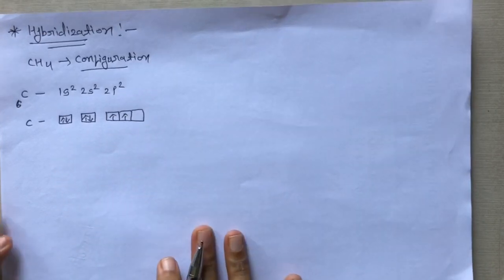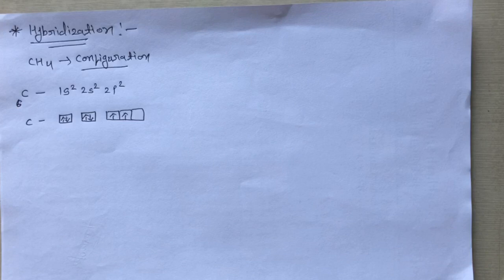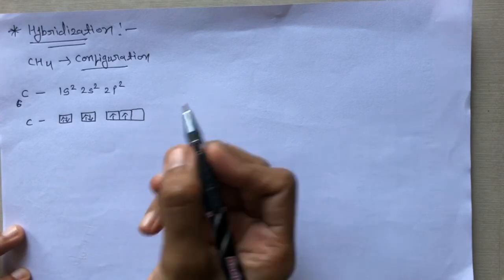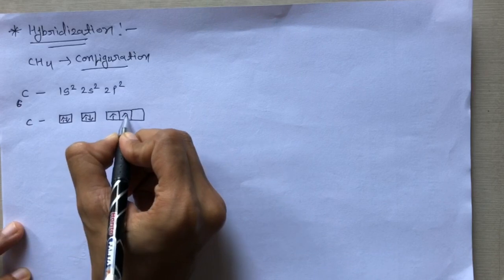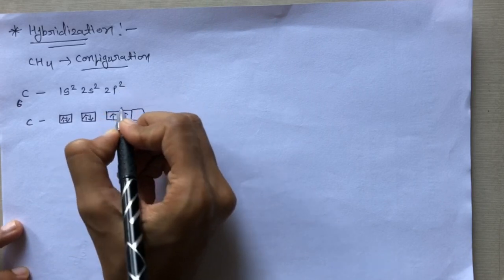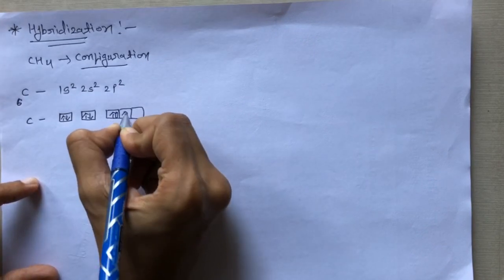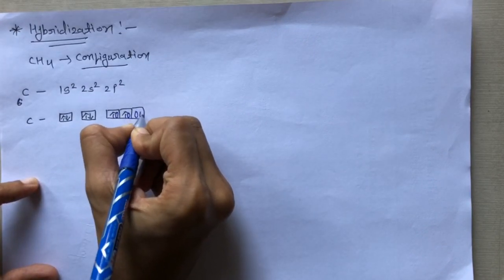Because of the rules. There are 3 rules: Aufbau, Pauli and Hund's rule, which I told you about in our first lecture. So now, let's find out the vacant spaces.